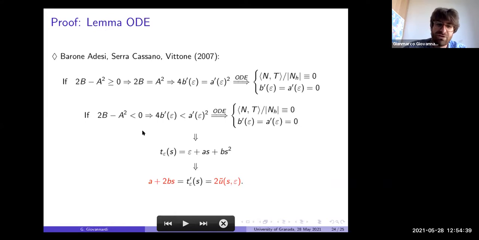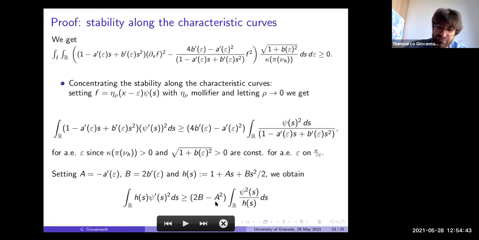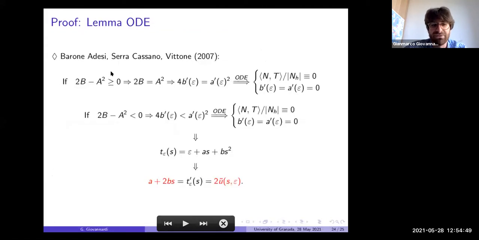And so if we assume that this quantity in front of this term is positive, then by the theorem by Barone, Adesi, Serra Cassano, and Vittone, we conclude that this 2b has to be equal to a square, and so we have that 4b prime is equal to a prime.